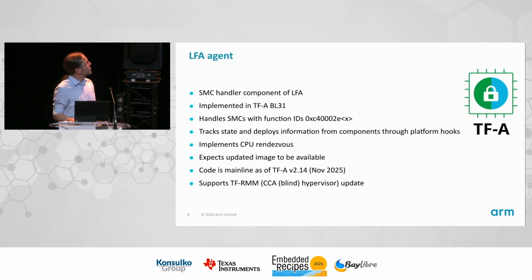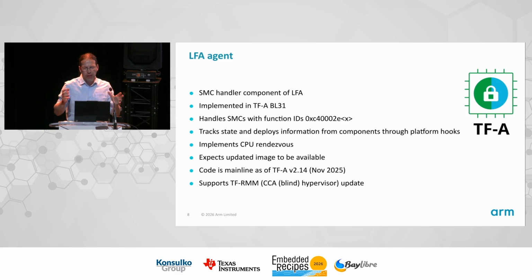So the LFA agent is an SMC handler component in Trusted Firmware BL31. It handles those SMC function IDs, and it does all the usual boilerplate for dealing with SMC calls. And it tracks the state. As I said, you need to first prime and then activate, so it takes care of that. And it takes care of the CPU rendezvous.